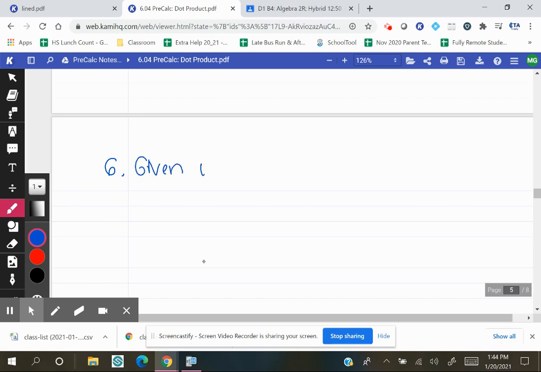Given u equals 5i minus 3j, and v equals negative 2i minus 5j, find u dot v, so the dot product.